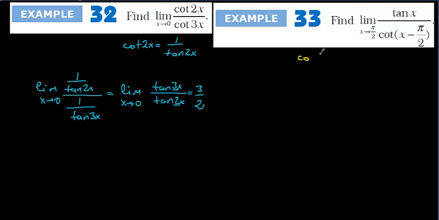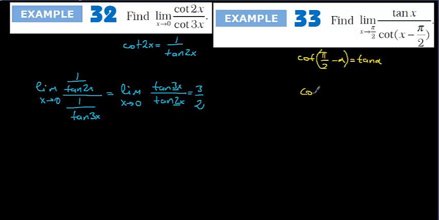We know the reduction formula: cotangent of pi over 2 minus alpha is equal to tangent alpha.